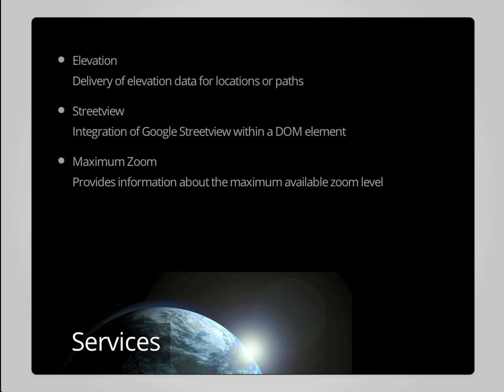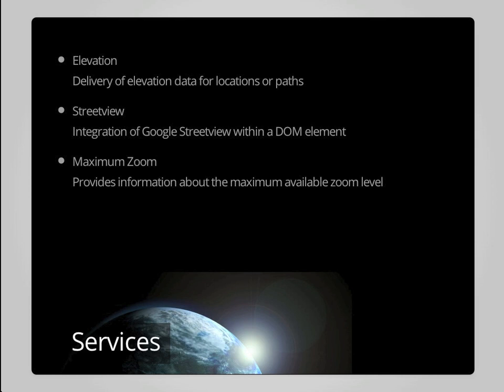There's also a Street View service where you can essentially create a document object model element within your application, where you can then plug in the Google Street View content, so you can interact with a Street View service to be able to display that information in your web page.